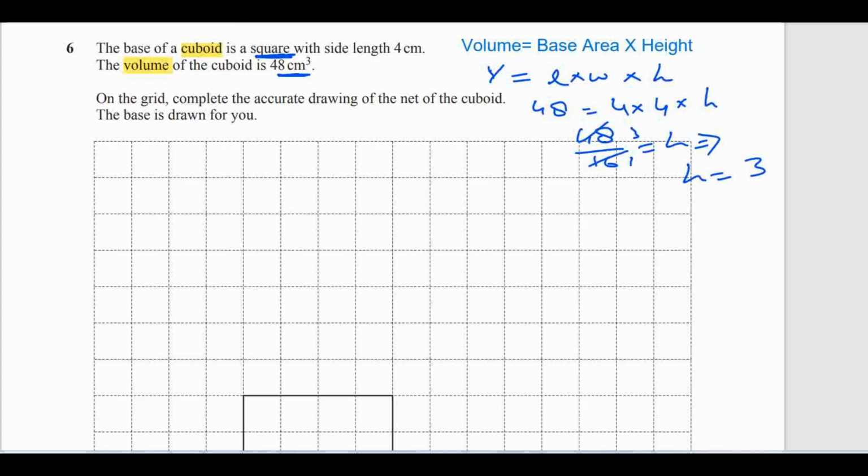So now we have height as 3, which means that we can easily draw it over here. As we can see that the height is 3, so we have to move 3 boxes to each side.